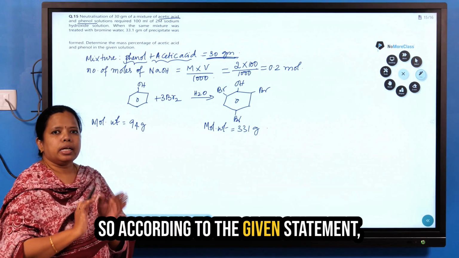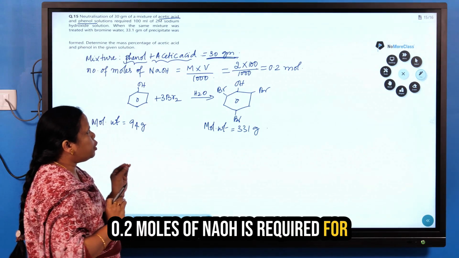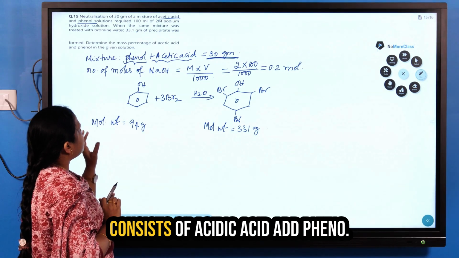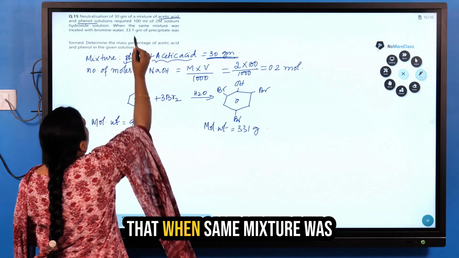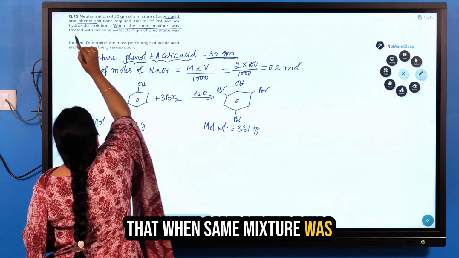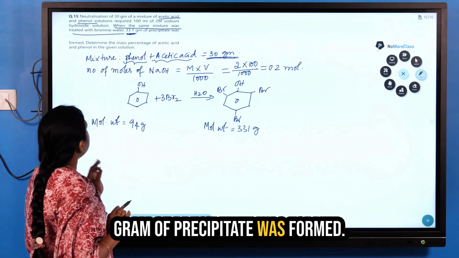So according to the given statement, 0.2 moles of NaOH is required for neutralization of the mixture which consists of acetic acid and phenol. Now the next statement says that when the same mixture was treated with bromine water, 33.1 grams of precipitate was formed.